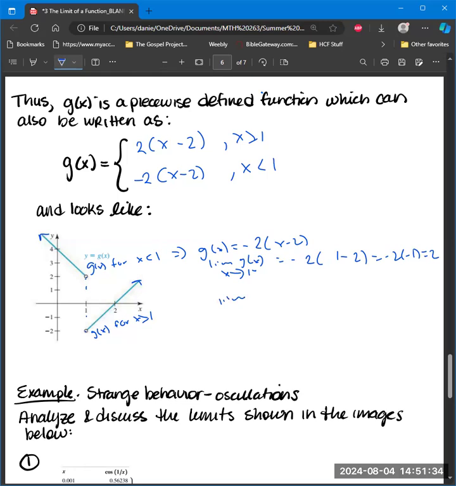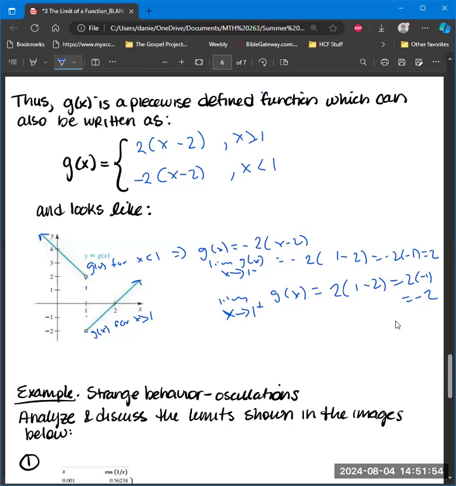And the limit as x approaches 1 from the right of g of x is going to be this stuff from the right here. It's 2 times 1 minus 2, 2 times negative 1 is a negative 2.